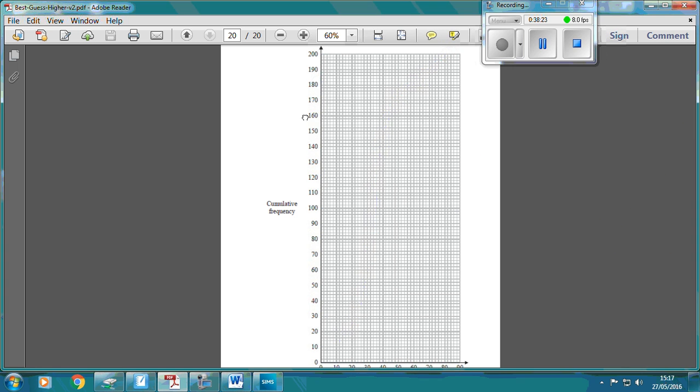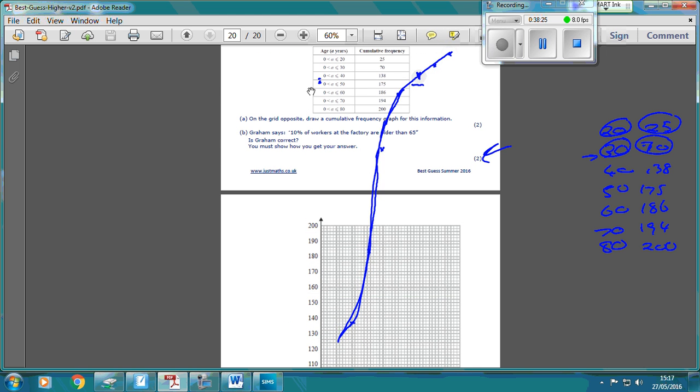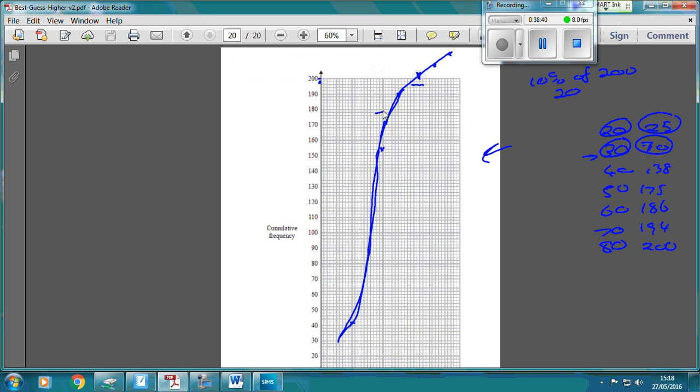Now, they then said afterwards, Graham says 10% of workers are older than 65. So 10% of 200, so here we've got 200. So 10% of 200 is 20. So I want to know whether or not 20 people were older than 65.